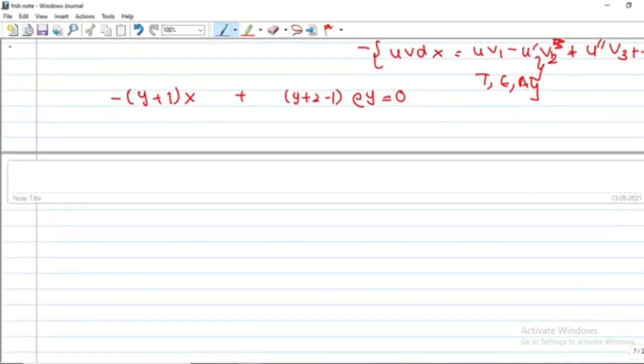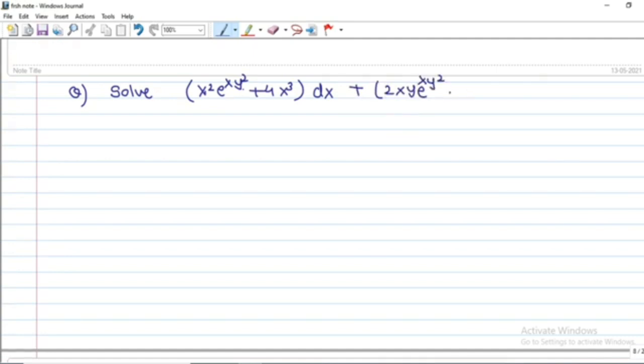So the next question which we are going to take is: solve (x square e power x y square plus 4x cube) dx plus (2xy e power x y square minus 3y square) dy equal to 0.